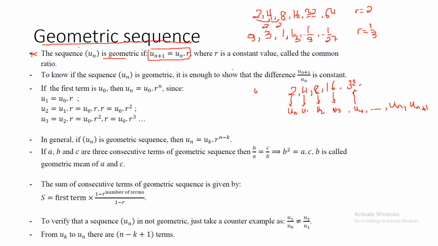This is for multiplication only. For addition, UN plus 1 equals UN plus D. Instead of times you have plus.